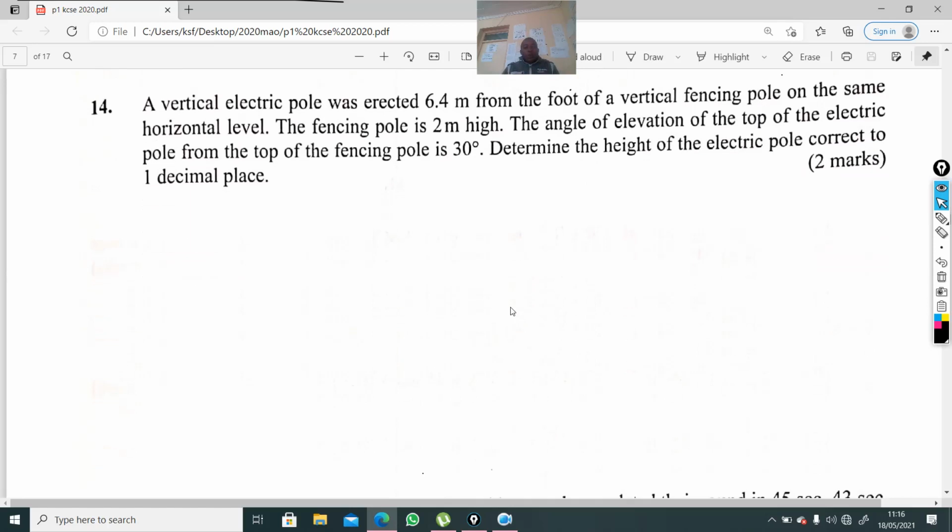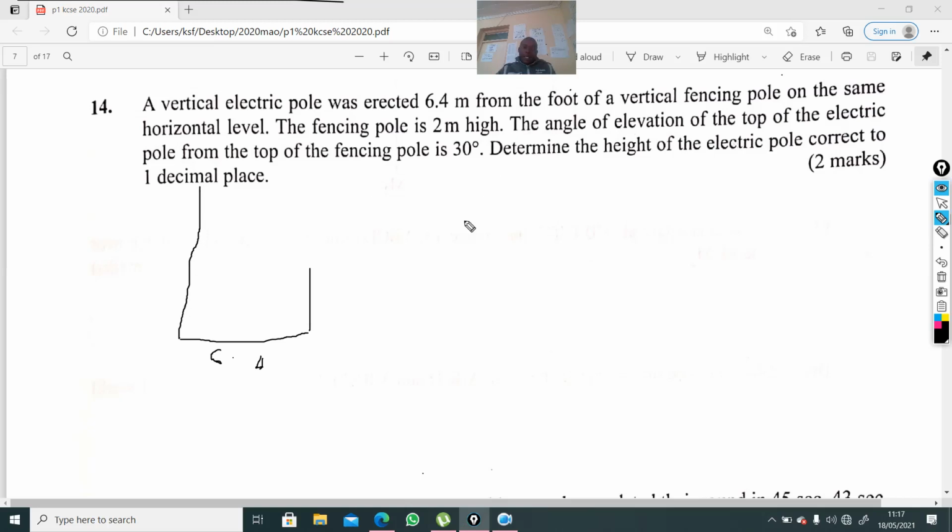a vertical electrical pole erected 6.4 meters from the foot of a circle fencing pole. So if we have a fencing pole here, and you have a fencing pole there, then you are told we have an electric pole that is 6.4 meters away, and the electric pole is there.